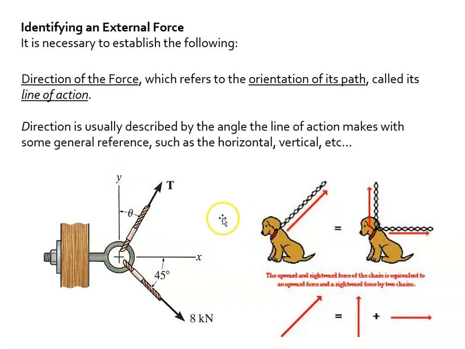We'll talk a little bit about this quickly. Sometimes when solving these trigonometry problems, these statics problems, it's easiest to take one angled force, such as we have here, the dog's chain and collar, and break it up and turn it into two simple forces.